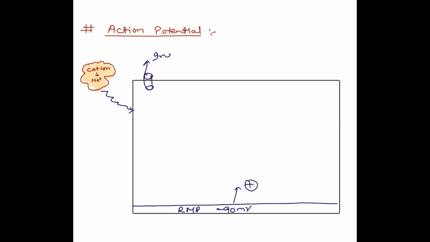This is the inactivation gate. This is the activation gate. When the cation comes, it causes influx of sodium from outside to inside the cell, but it opens only for a short time, about 1 millisecond.